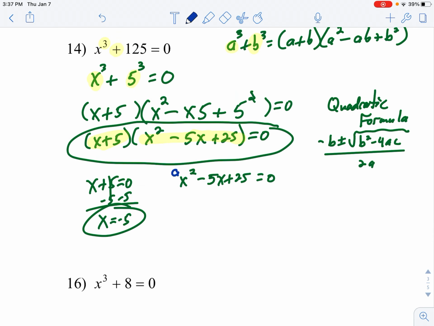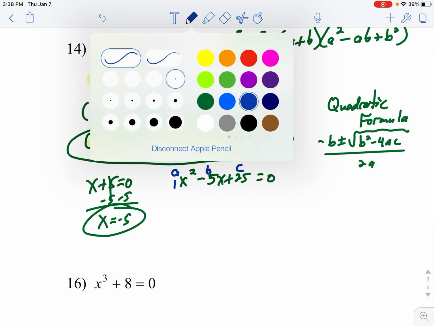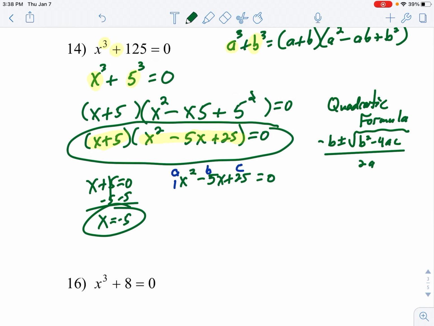The a is 1, the b is negative 5, the c is positive 25. So to do this, it's going to be x equals negative negative 5, which of course, you know, two negatives make a positive, plus or minus the square root of negative 5 squared minus 4 times 1 times 25.